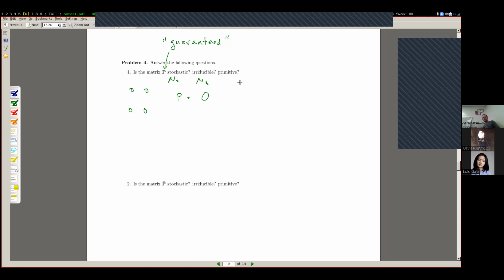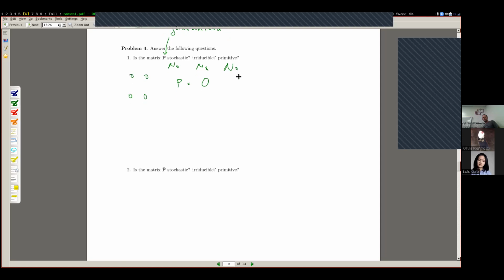What about primitive? Yeah. So primitive requires irreducible. So it can't be primitive. So this is, again, a situation where, and it's okay if you don't have these definitions memorized perfectly now, but once you do, then say on an actual midterm exam, if I'm asking you if something's both irreducible and primitive, you automatically know instantly that if you say no here, you don't even have to think, you just say no over here as well.